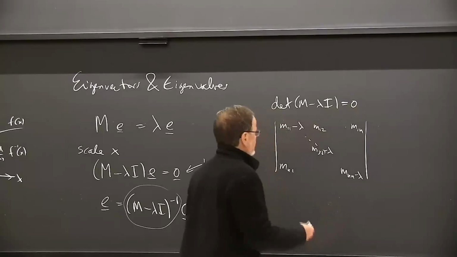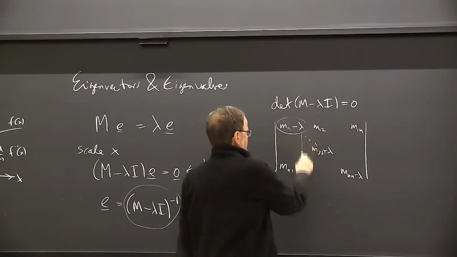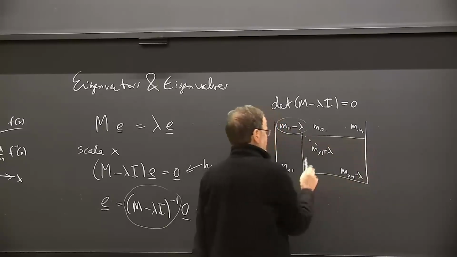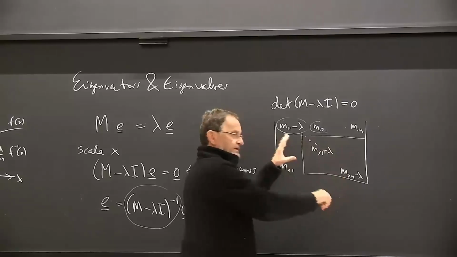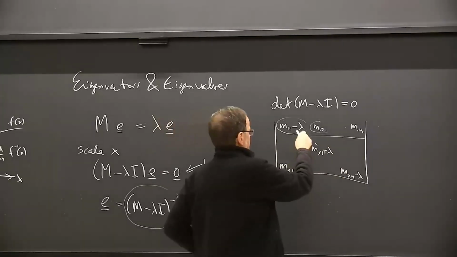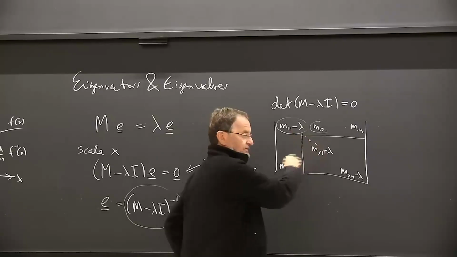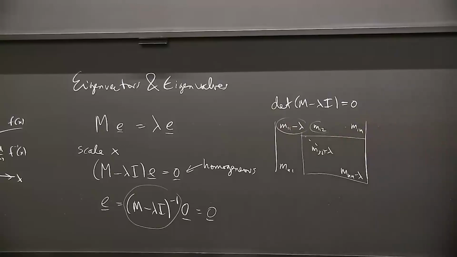Well, I don't know. You might remember that the determinant involves taking this and multiplying it by the determinant of that matrix plus this times the determinant of some other submatrix. Or you may remember it as, take one from column A, one from column B, and one from column C, and depending on whether the number of switches in direction is even or odd, you add a minus sign. Don't need to remember the exact formula.